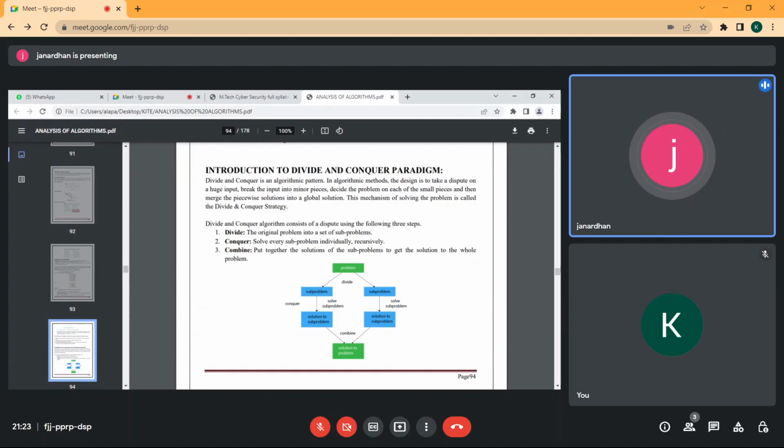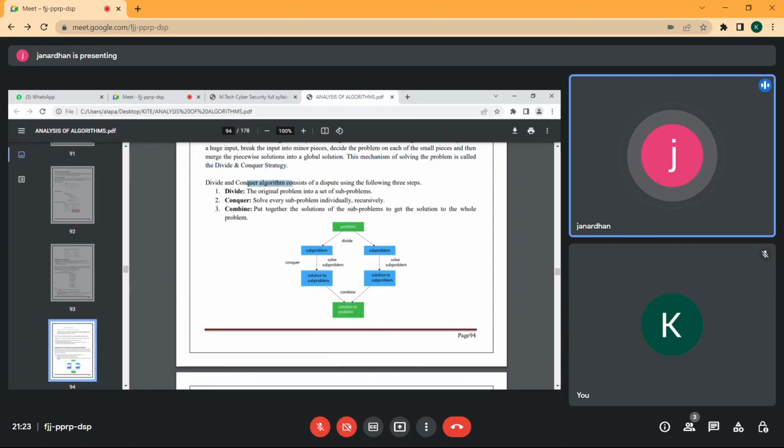In algorithmic methods, the design is to take a problem on a huge input, break the input into minor pieces, solve the problem on each of the small pieces, and then merge the piecewise solutions into a global solution. This mechanism of solving the problem is called the divide and conquer strategy. The divide and conquer algorithm consists of the following three steps. The first step is to divide the original problem into a set of subproblems.